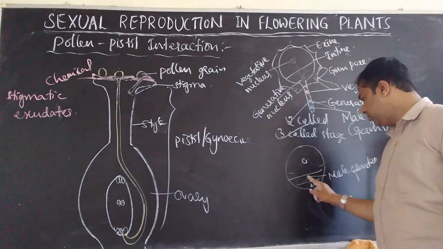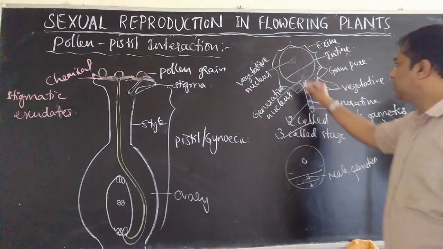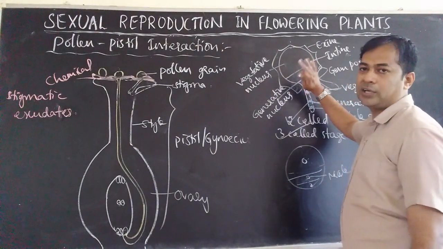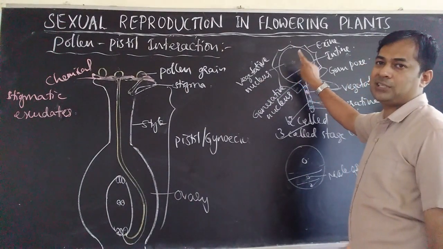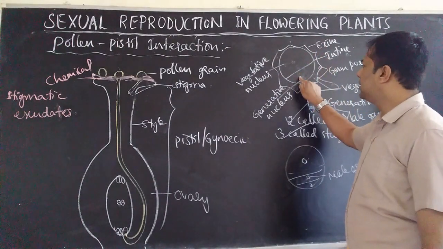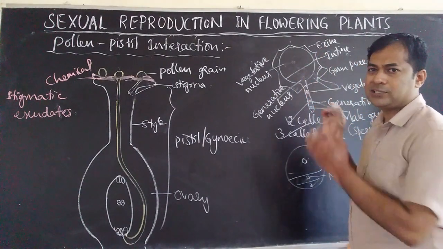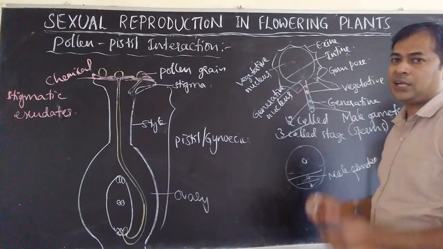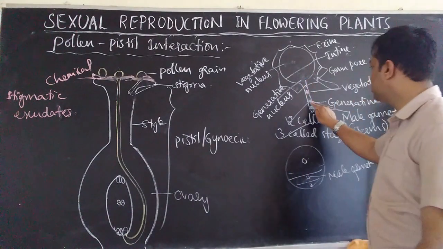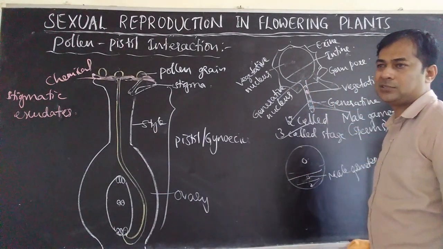So these two are male gametes. Remember, the vegetative nucleus is not a male gamete. The vegetative nucleus is just a nucleus. The generative nucleus, which was there in the small cell of the pollen grain, will again divide into two. Those two, these blue-colored two, are male gametes.